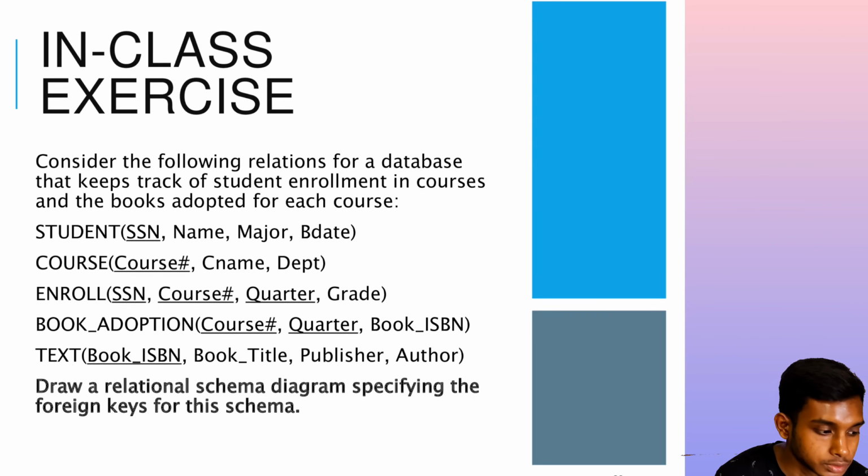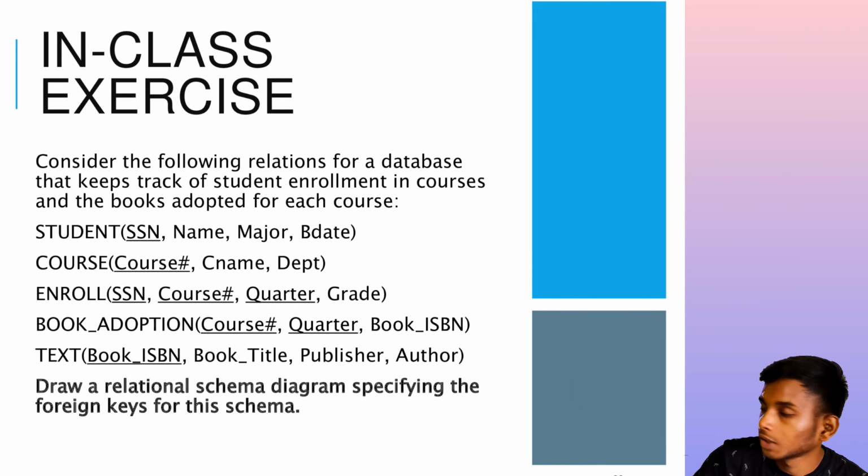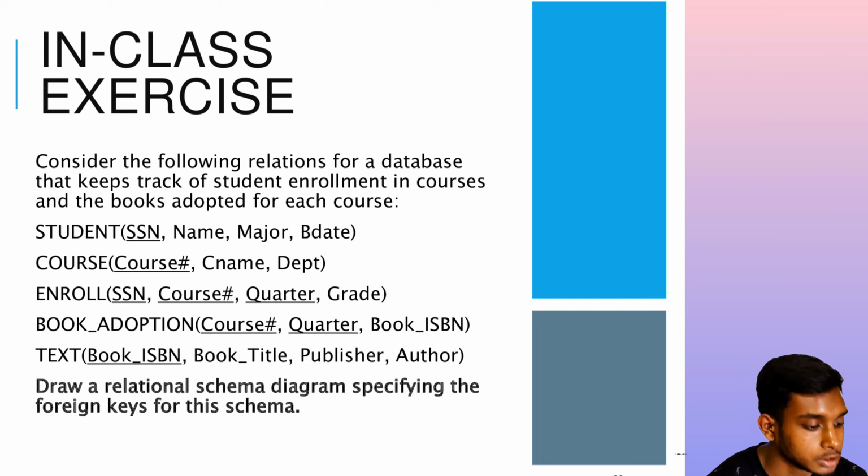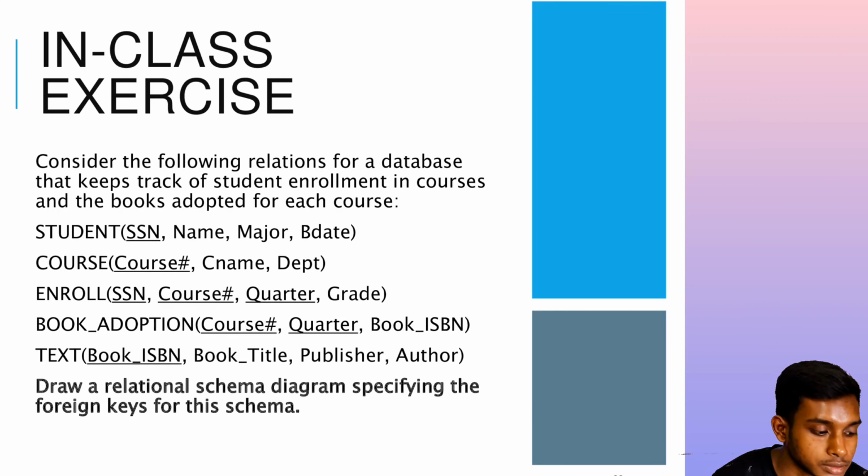So this is the example. You can try it on your own. Consider the following relations for a database that keeps track of student enrollment in courses and the books adopted for each course. For STUDENT, the primary key is SSN, and the other attributes are name, major, and birth date. For COURSE: course number, course name, department.